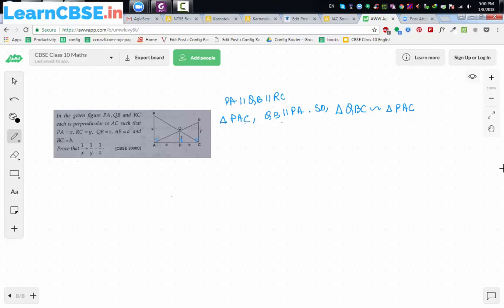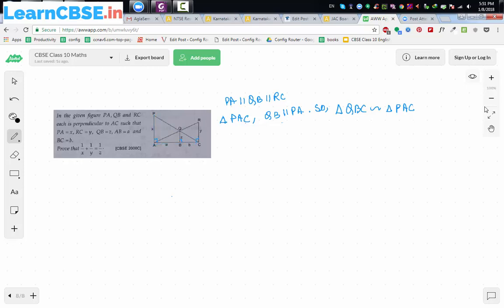Because if you look at the triangle PAC, you can see QBC and PAC will be similar to each other because they have this angle equal, these two angles are equal, so the triangles will be similar to each other.